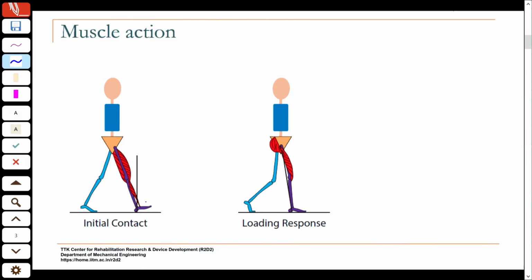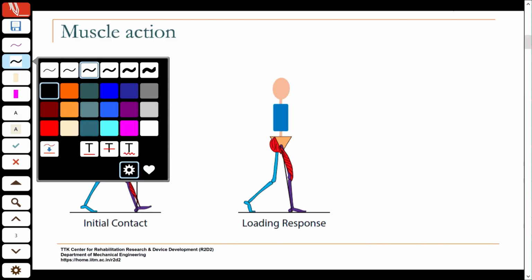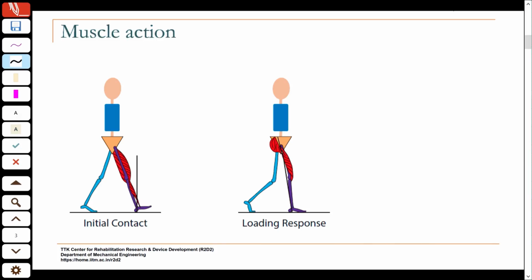If you look at initial contact, initially you have the impact which is just vertical, but immediately the direction of the ground reaction vector will change, right. So, it will be like that.